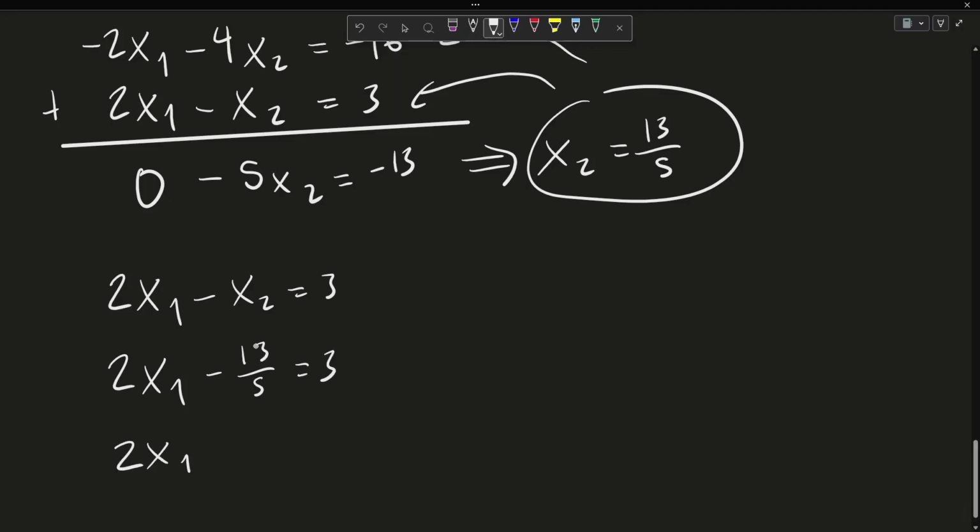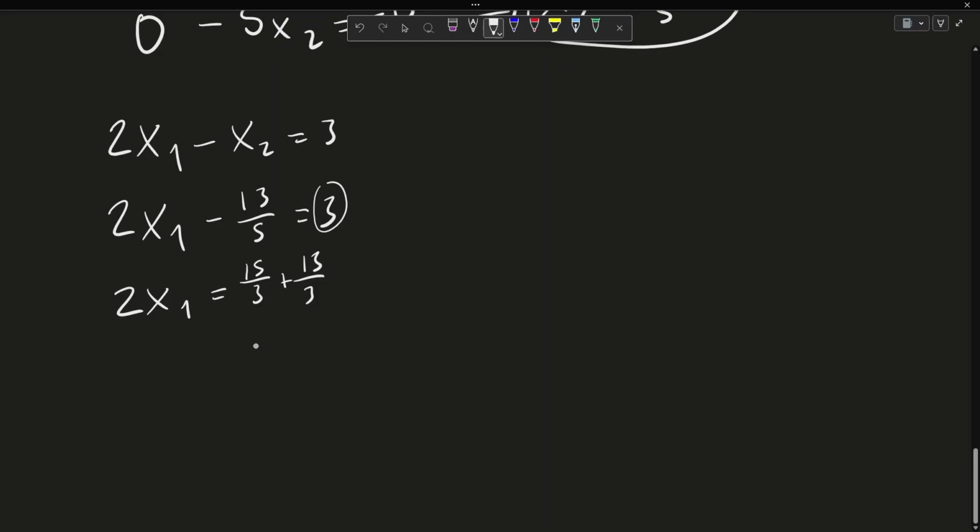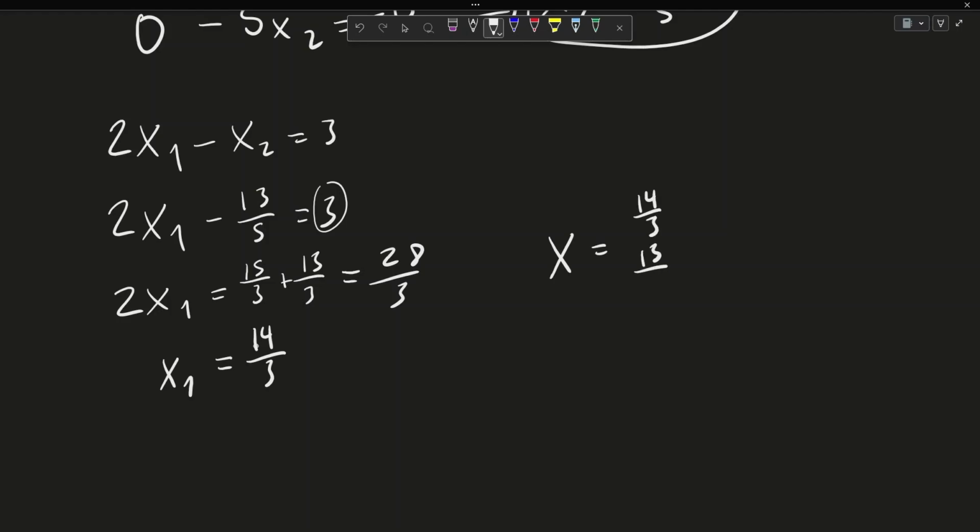We find that 2x1 is equal to, let's convert this 3 into a fraction with denominator 5, 15 over 5 plus 13 over 5 equals 2x1. And this is equal to 28 over 5. If we then divide both sides by 2, we find x1 to be equal to 14 over 5. And then in total, x equals (14 over 5, 13 over 5), which is the same conclusion from the row picture interpretation.